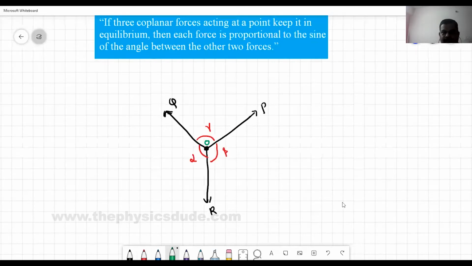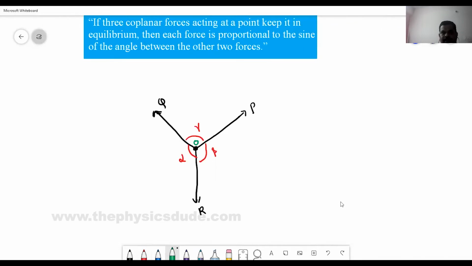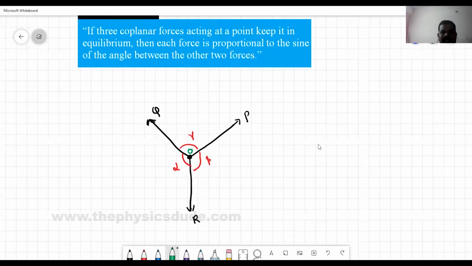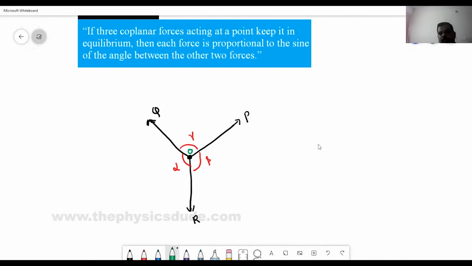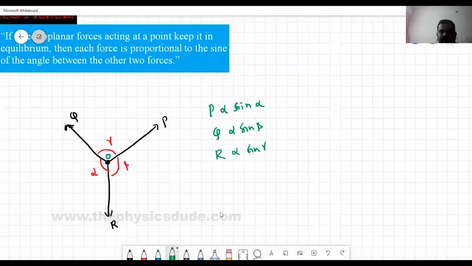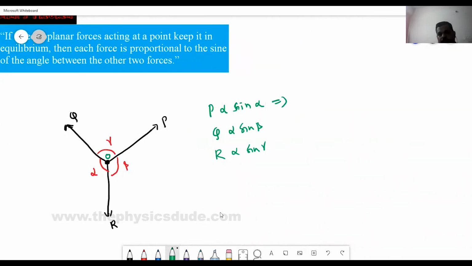Now what does Lami's theorem say? Each force is proportional to the sine of the angle between the other two forces. So P is proportional to sine of the angle between the other forces, that is alpha. Similarly, Q is proportional to sine beta, and R is proportional to sine gamma. Otherwise, we can say P by sine alpha is equal to a constant.